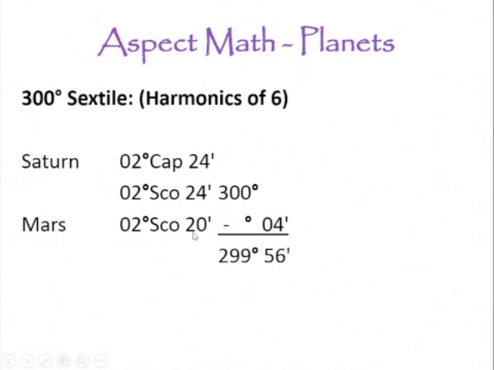And we're not talking time here, we're talking space. We're talking latitude, longitude here. So I'll subtract the 4 minutes, and you can take 299 and 60 and you get the 56. So I've kind of shortened a little bit of the math here, and I hope it's clear enough for everybody. But let me take you back to the visual.